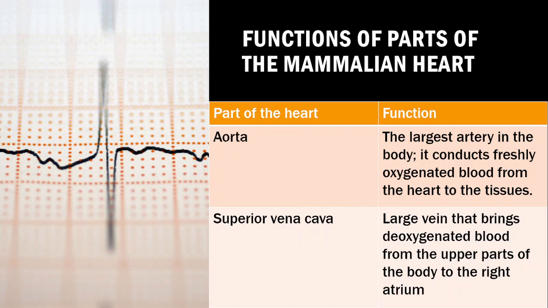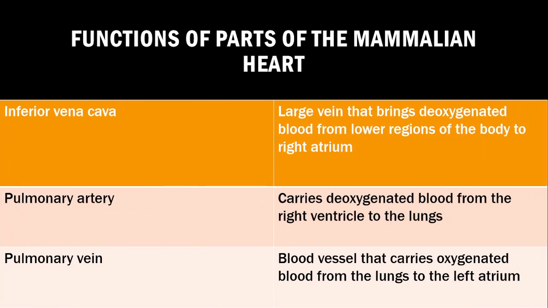The deoxygenated blood is the blood that contains the various unwanted gases from the body. So the superior vena cava carries this deoxygenated blood from the upper parts of the body to the right atrium.